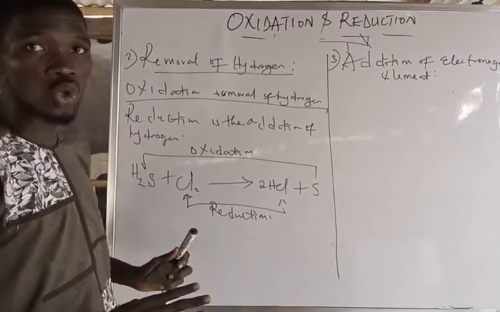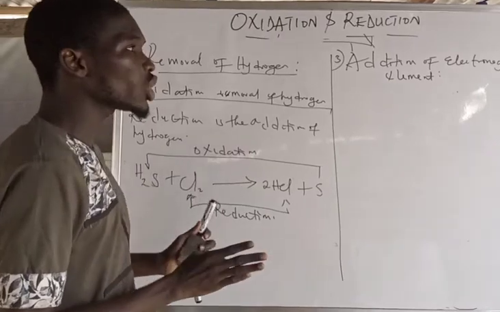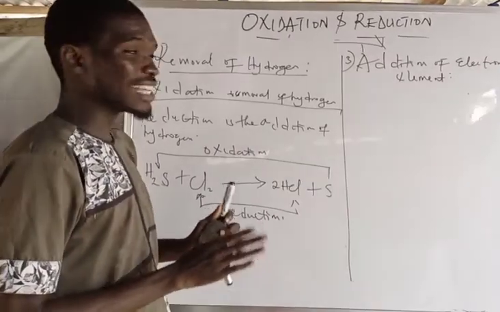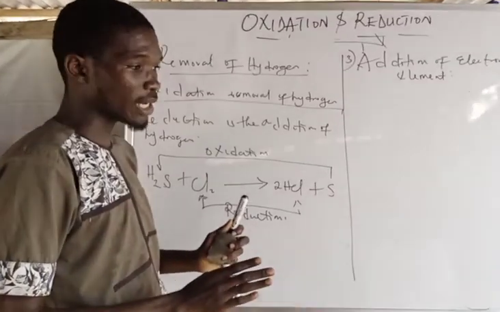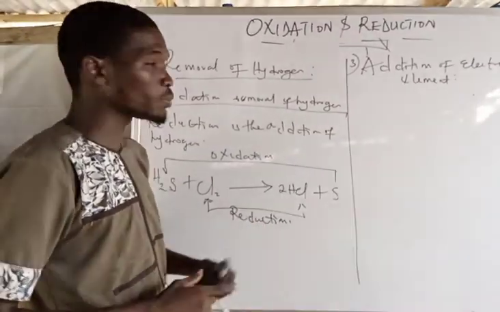I'll make it short. So take note that oxidation is extended to mean the addition of electronegative elements and removal of electropositive elements.